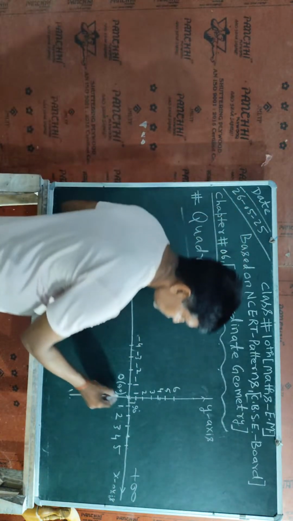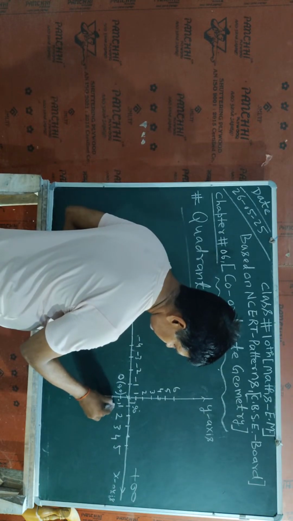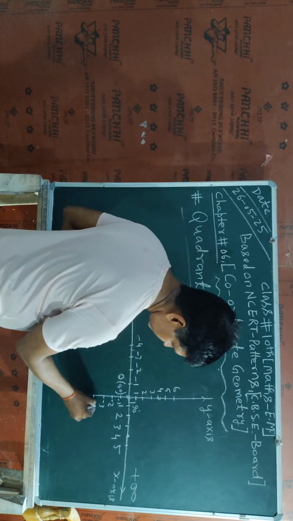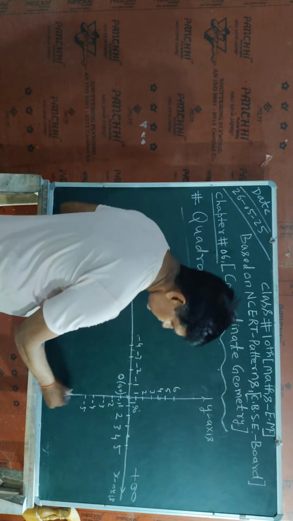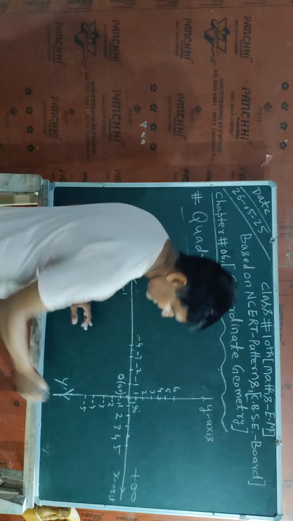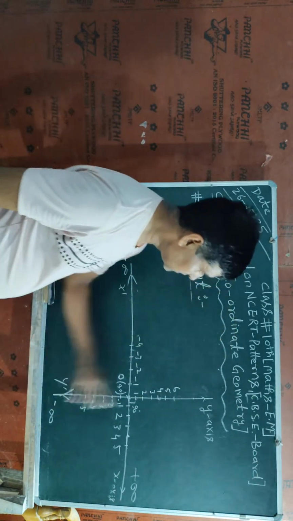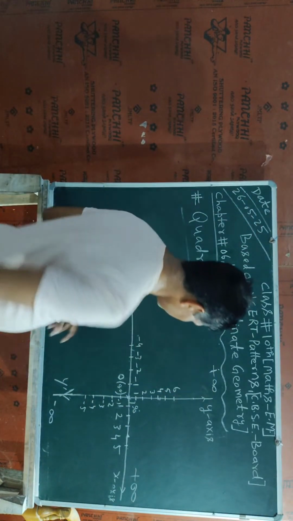Same sign convention you have to follow here. Here will be -1, -2, -3, -4, -5. Okay, students. So it will go along the y-axis, and I will say that it goes up to +infinity, and that goes up to -infinity.